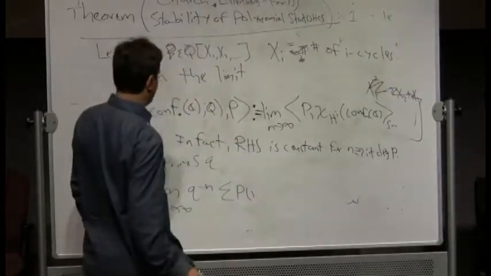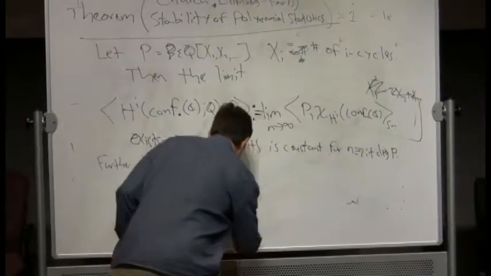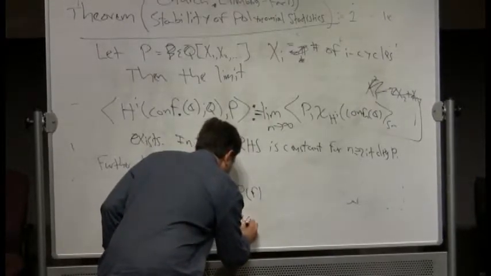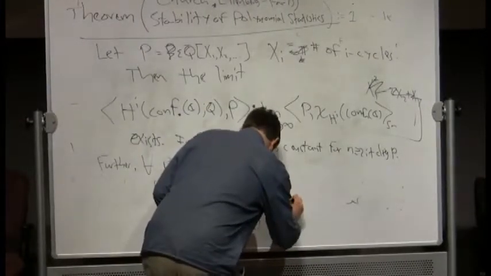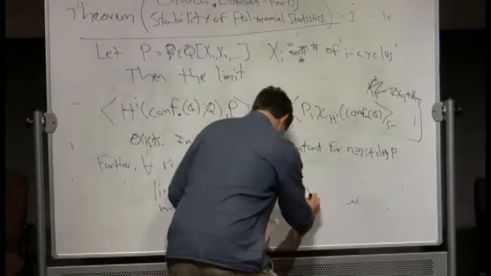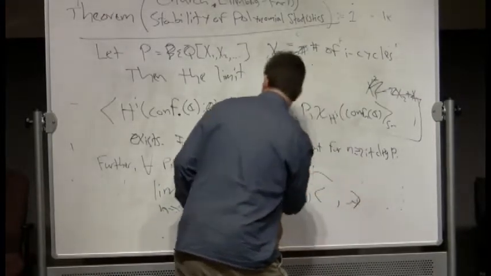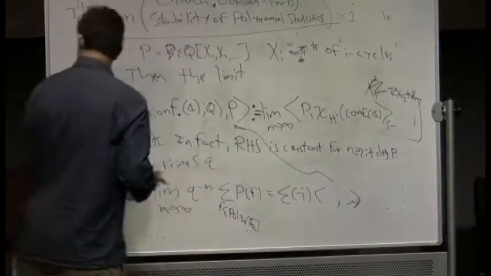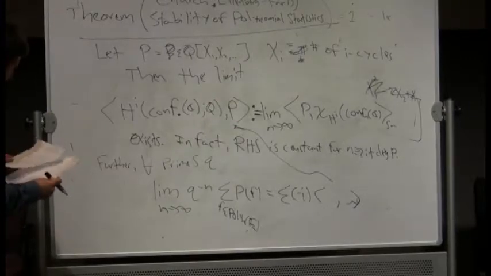Oh, I should not have called that P. It's P of f, where f is a polynomial over F_q. And this is going to be this alternating sum times that side. Thank you. In particular, the limits exist on both sides.